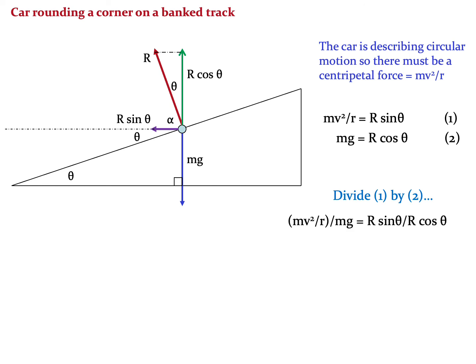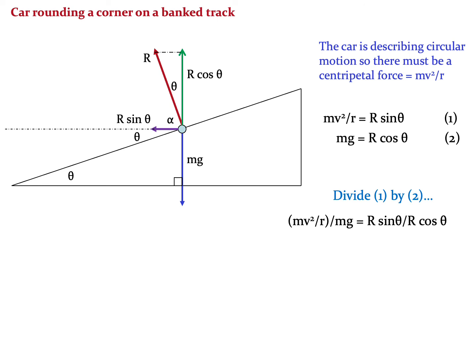If we divide one by the other, the two left-hand sides give us mv squared over r divided by mg. That's our new left-hand side. And on the right-hand side, we get R sine theta over R cos theta. See if you can spot why that is a useful thing to do. Well, on the left-hand side, what's going to cancel? m.